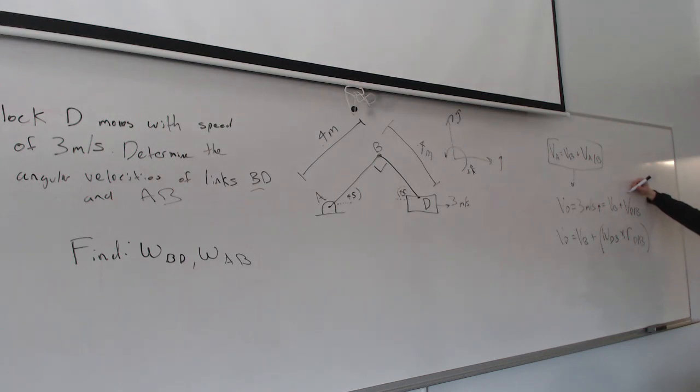I substituted the velocity of D with respect to B with the angular velocity cross the distance from D with respect to B. Does this make sense here? We all know this equation. When you have relative velocities, the base equation is velocity A with respect to B is equal to the angular velocity of the system AB crossed with the distance from A to B.